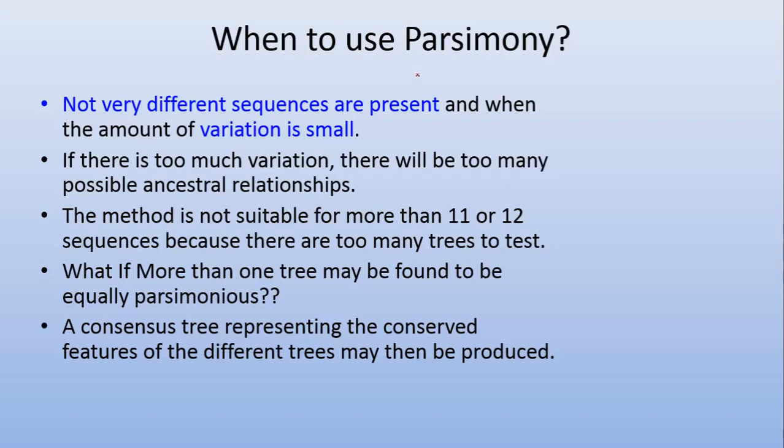For example, this method is quite suitable if you have less than a dozen sequences for tree reconstruction. If the number of sequences exceeds 11 or 12, this parsimony method may not be very suitable.